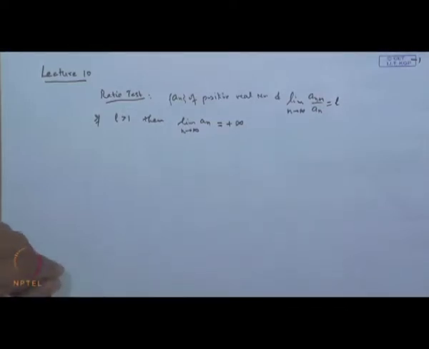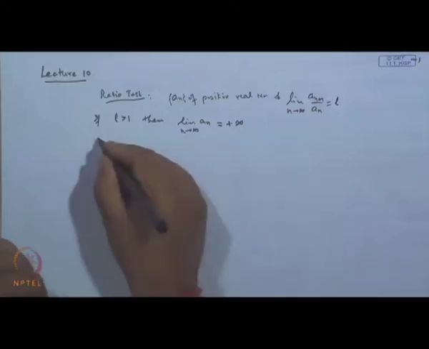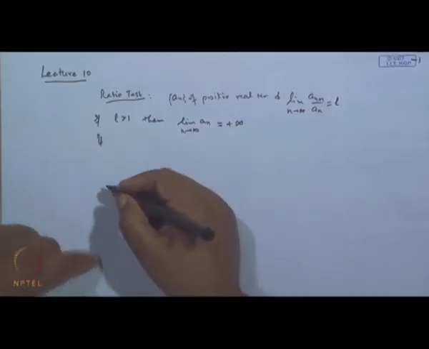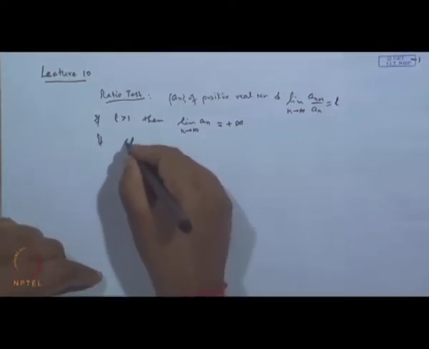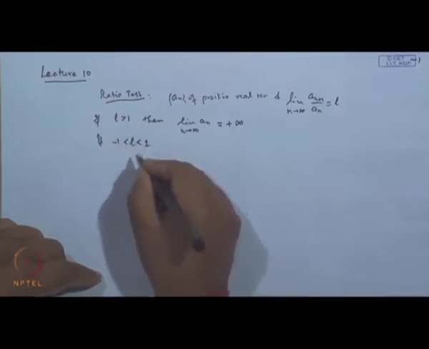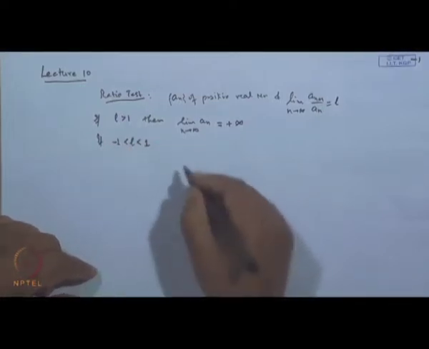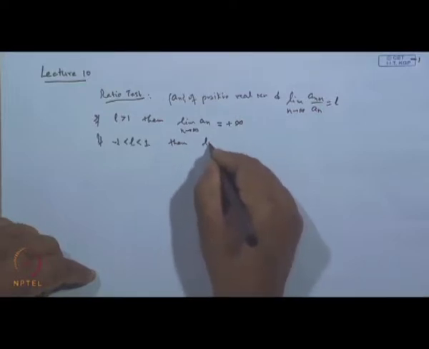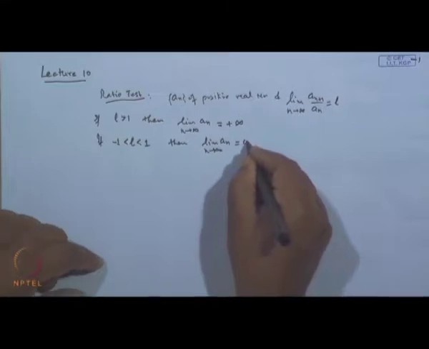And the second part of it says that if L lies between -1 and +1, then the limit of a n as n tends to infinity is 0.